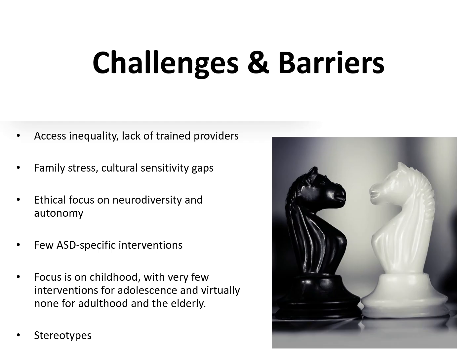Additionally, things like family stress and cultural sensitivity gaps. Oftentimes it's easy to look at things like disparities of diagnosis and treatment in different racial and ethnic groups and look at it as being a systemic problem with the healthcare industry. But sometimes the reason for those disparities also does come from within those groups because of things like stigmatization of autism spectrum disorder.